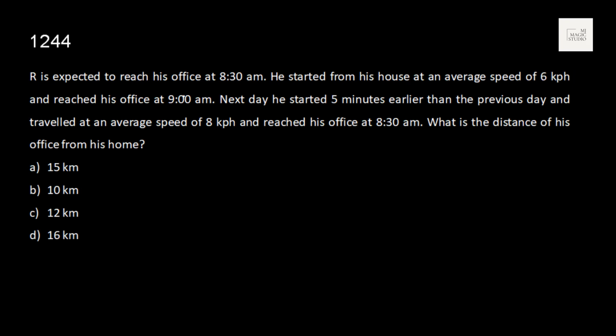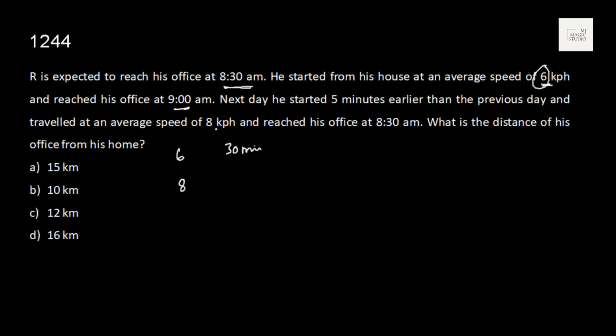R is expected to reach his office at 8:30 am. He started from his house at an average speed of 6 kph and reached his office at 9 am. That means with an average speed of 6, he is 30 minutes late. Next day he started 5 minutes earlier than the previous day and traveled at an average speed of 8.